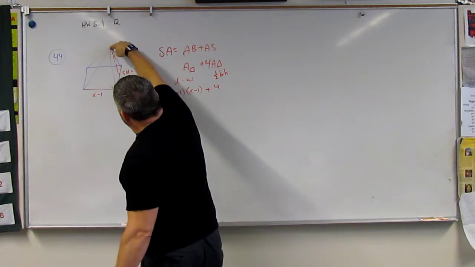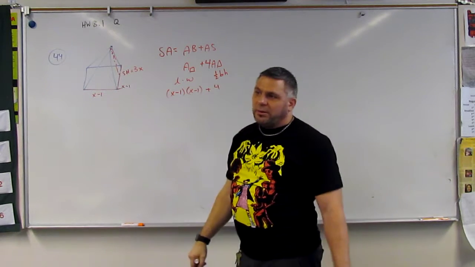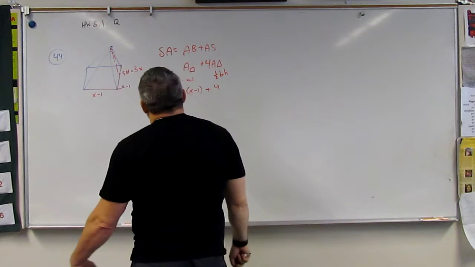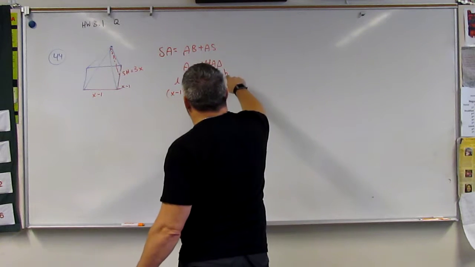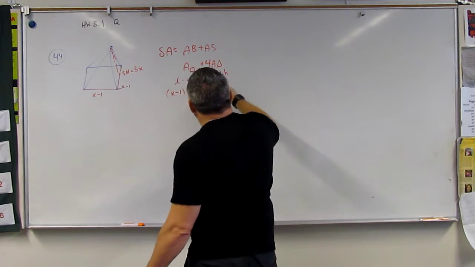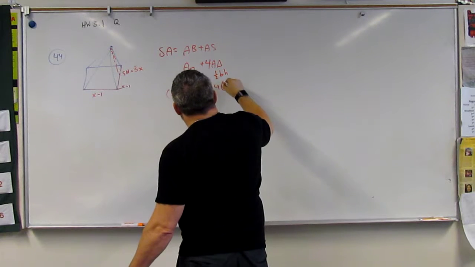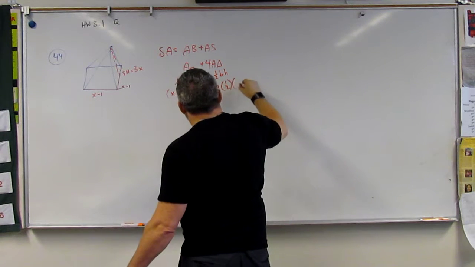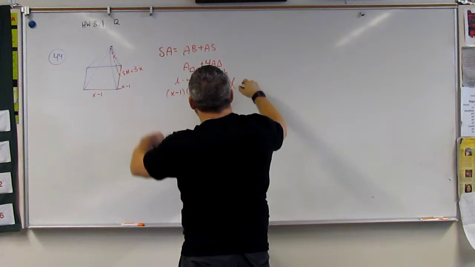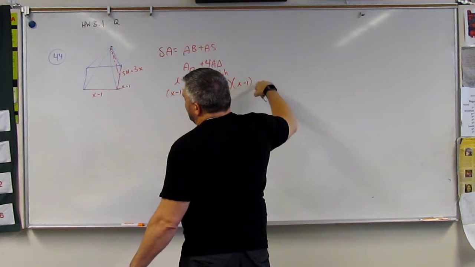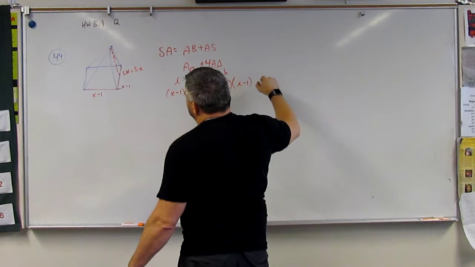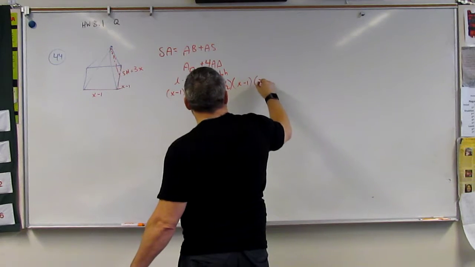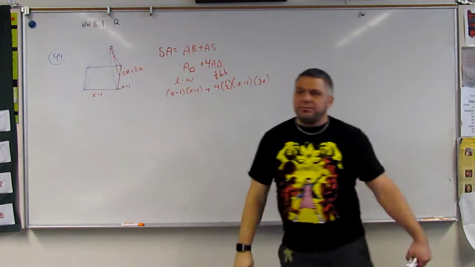So it's the height from here to the top. And that slant height would be our height in the base. So it's going to be times 1/2 times the base, which is x minus 1, and then times 3x as our slant height.